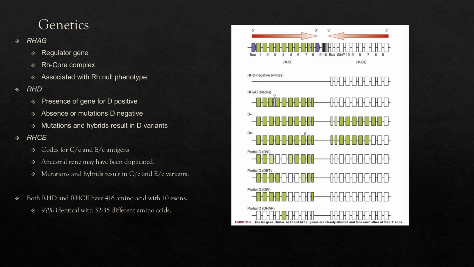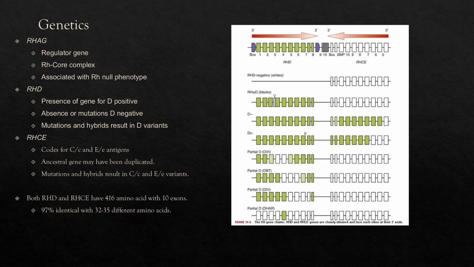And then to make things even more complicated, we also have the RHAG gene. So this is a gene that is necessary for Rh expression. However, it doesn't actually make any antigens. It just makes a protein that's needed for the other Rh antigens to be expressed. The RHAG gene is not polymorphic.